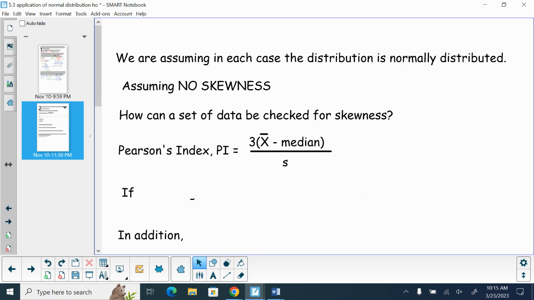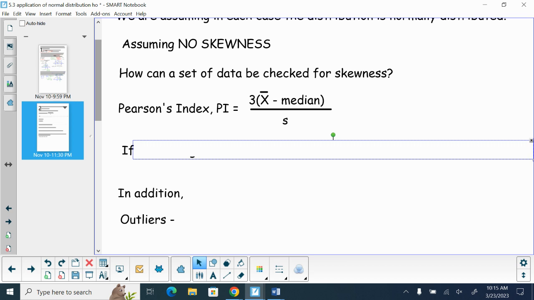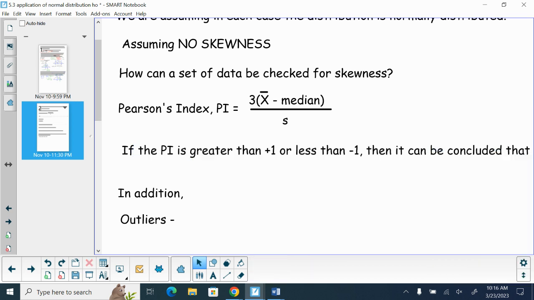Well, there's a value called the Pearson's index. You can calculate Pearson's index as our mean minus our median divided by our standard deviation, and you multiply that by 3. This is called the Pearson's index.